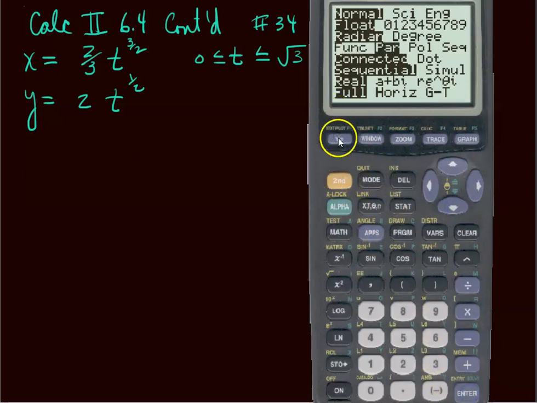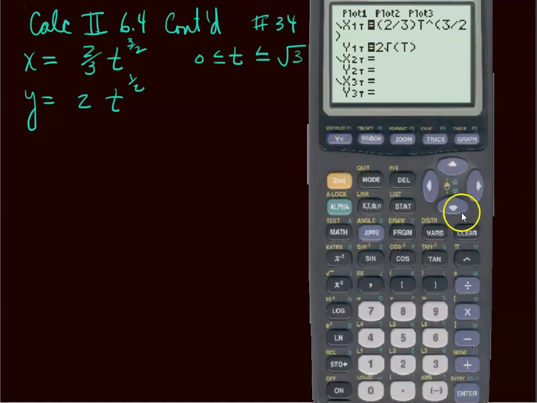Then when you press y equals, you will get x sub 1 of t equals, y sub 1 of t equals. And these then you write in.